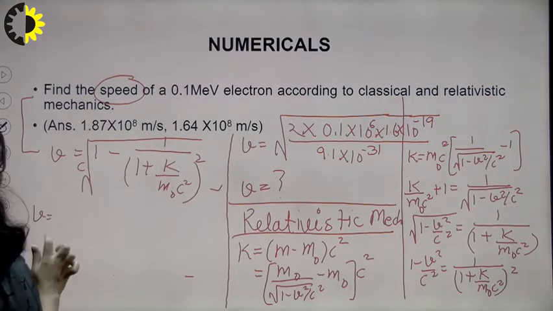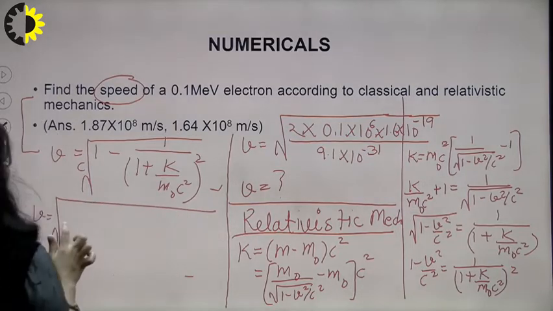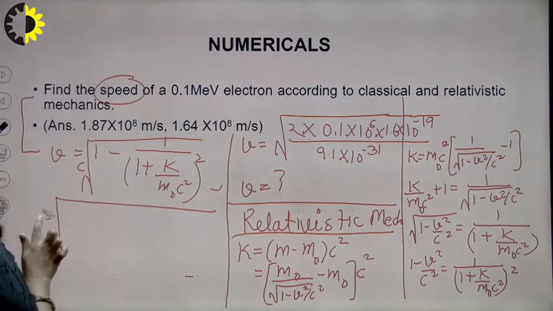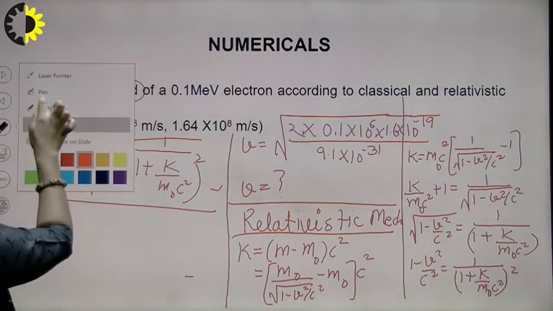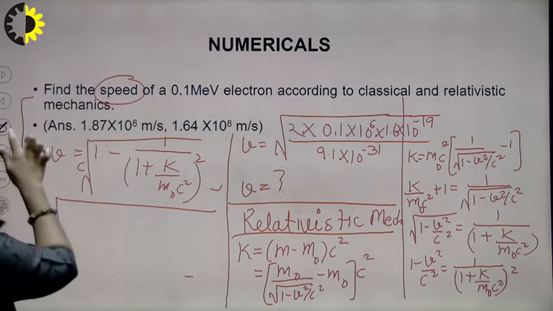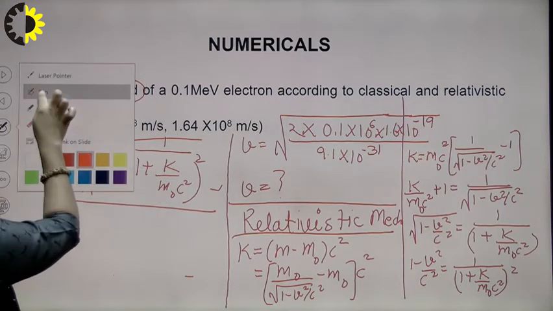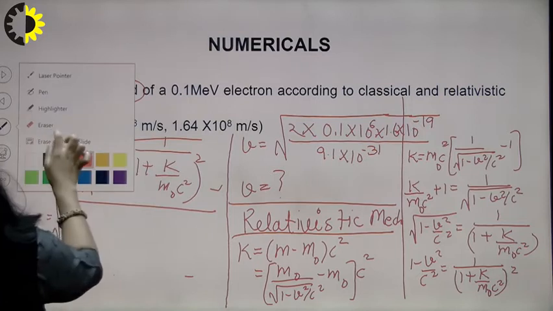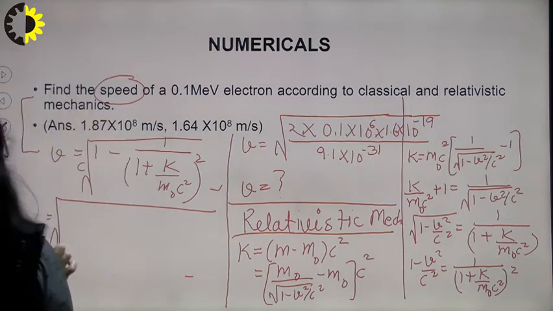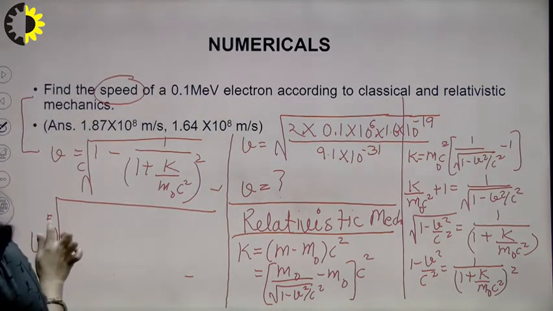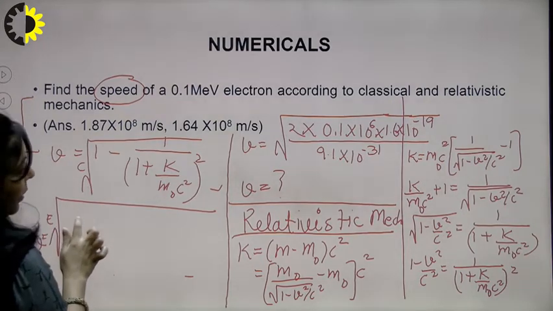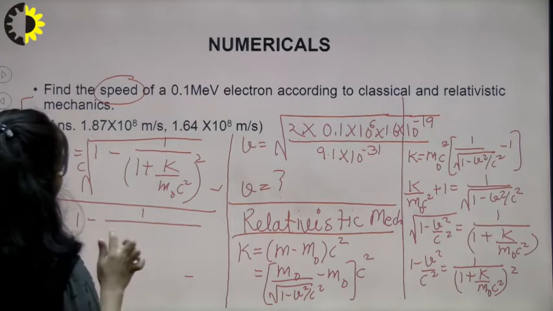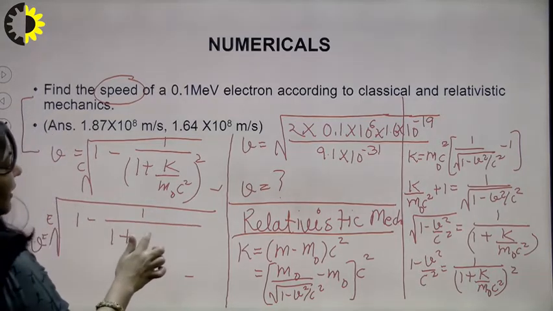v is equal to c into root of 1 minus 1 upon 1 plus K upon m naught c square. You know what is the value of K?